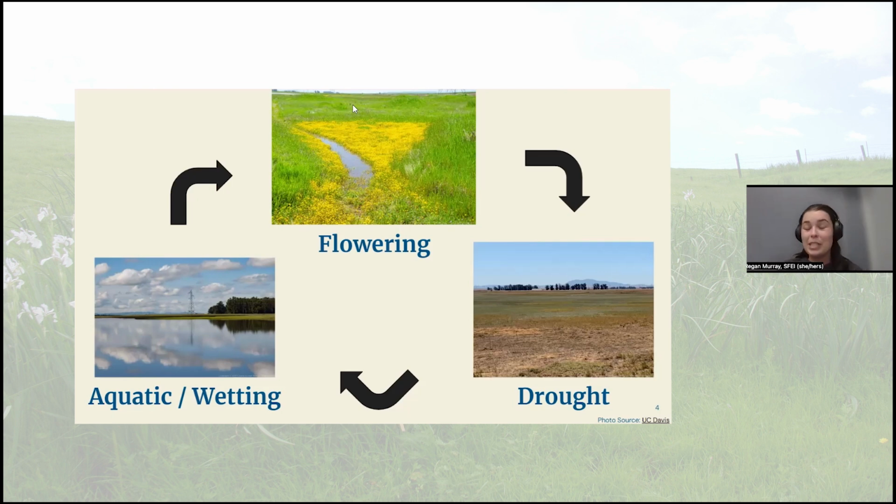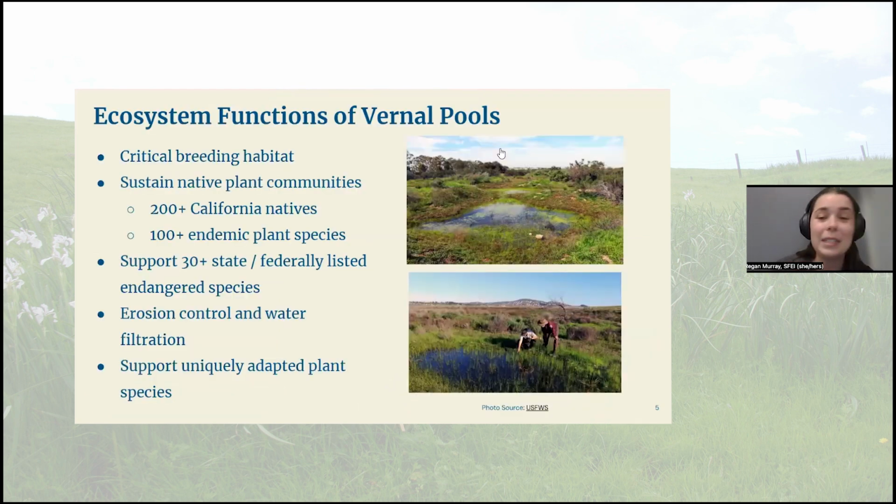But this is really what makes vernal pools unique. They have this exaggerated phenology that occurs in a really short period of time. And what that allows for is some really interesting and unique species to make their homes in these places. So it is a critical breeding habitat. Animals like the California tiger salamander, the vernal pool fairy shrimp, and the vernal pool tadpole shrimp all breed in these pools because they're aquatic environments.